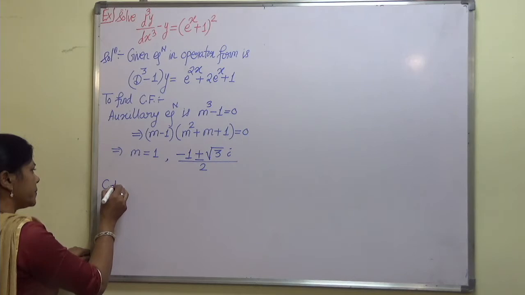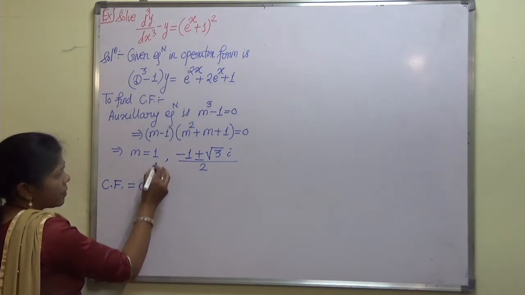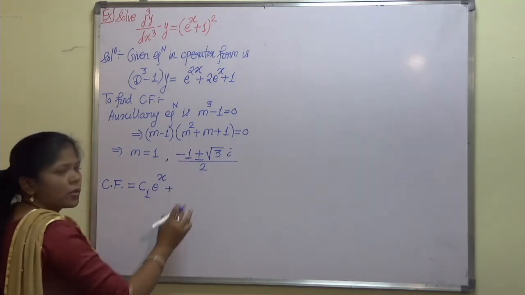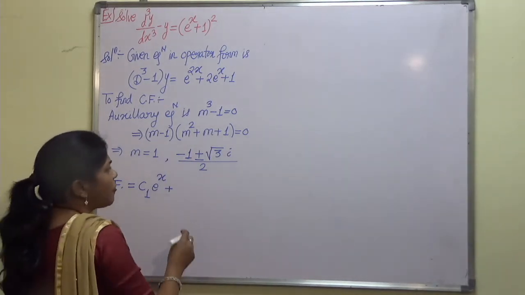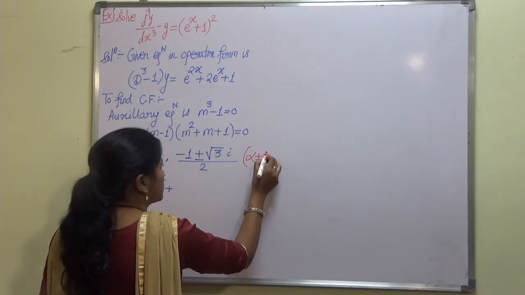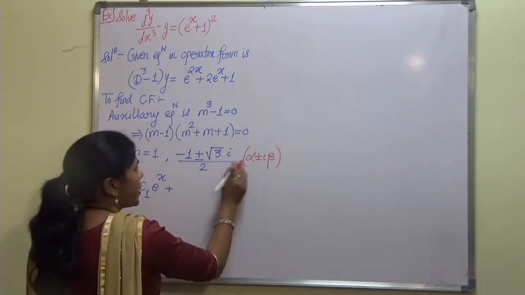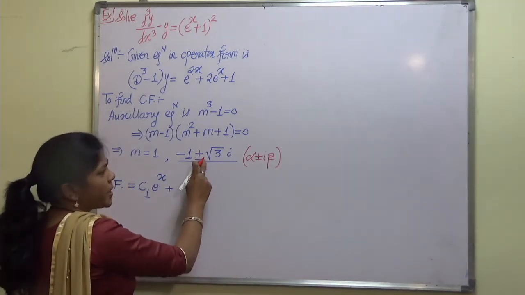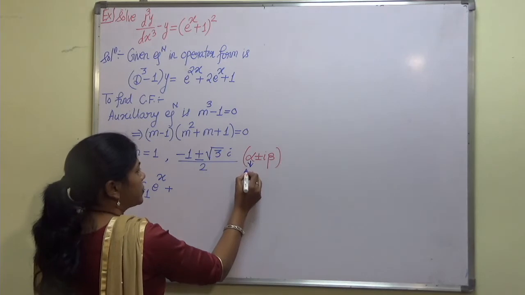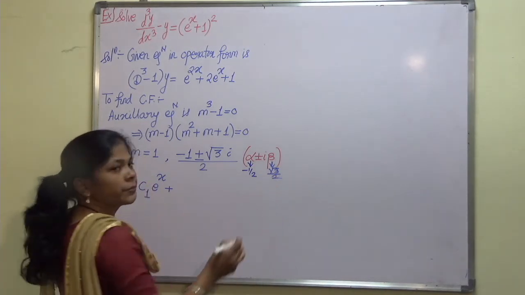So let us write for the real root. We have c1 e^(1·x), the real value 1 times x, plus this is a complex root. So for complex roots we always need the form α ± iβ. So put this in this form, we will write −1/2 ± (√3/2) i. So what is α? α will come out to be −1/2 and β will come out to be √3/2.